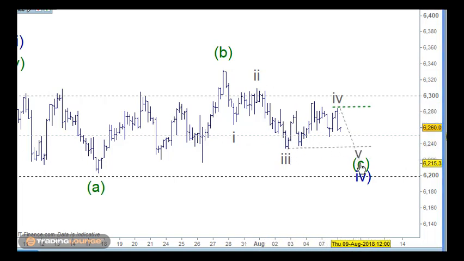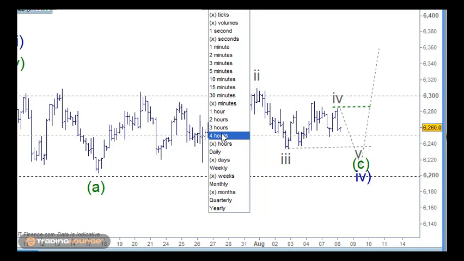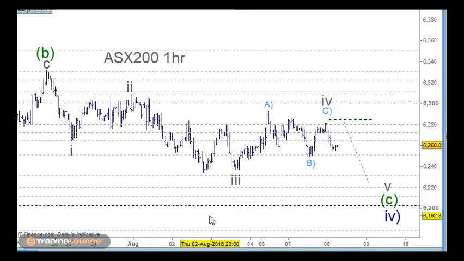So a move down here to complete that, and then a move up here. But like I said, at the same time we don't want to miss it, so we need to take this high here. Let's move into the hourly chart.